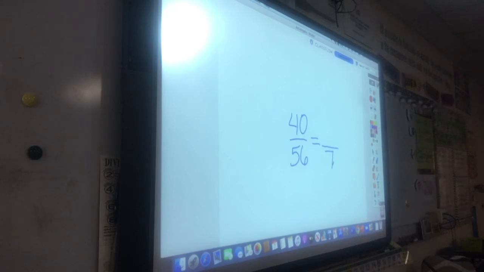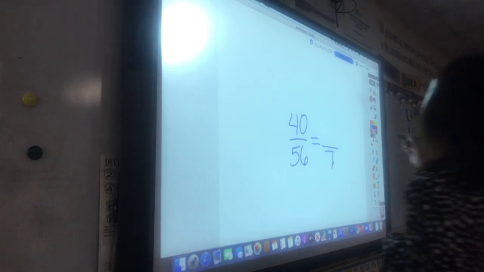Okay, so something happens to go from 56 down to 7, and the same thing needs to happen on the top. Lucas? So you divided by 8. 56 divided by 8 gives me 7, so I have to do the same on the top. And then 40 divided by 8 would be 5. Got it. So it's divide by 8 on bottom, we've got to divide by 8 on top. So the missing piece would be a 5.